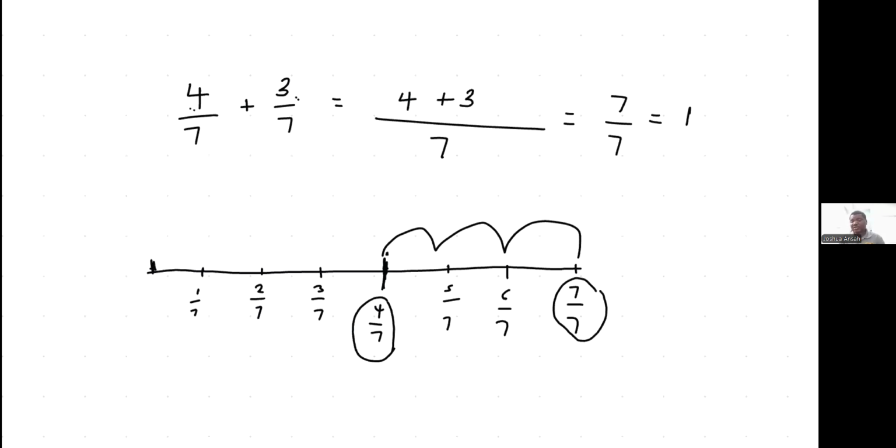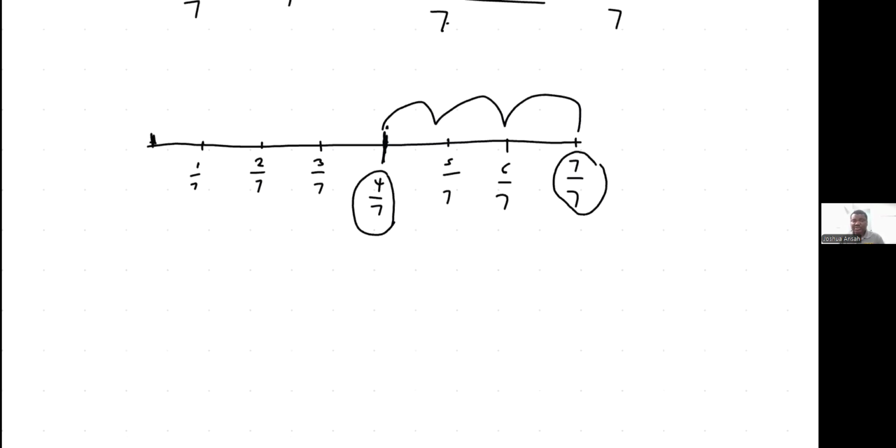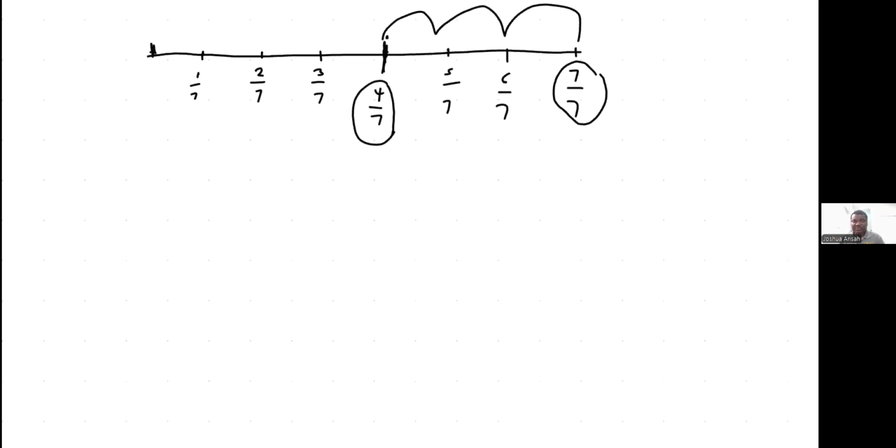So that is using illustration to do it. But if you want to do it algebraically, just add the numerators and maintain the denominator.